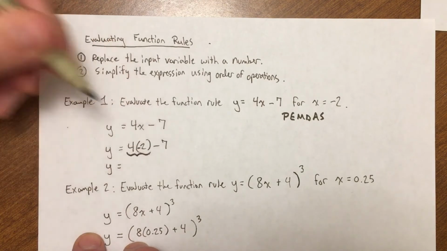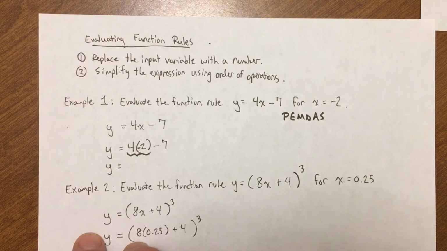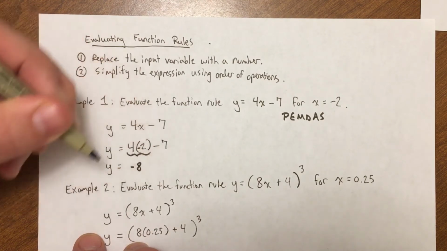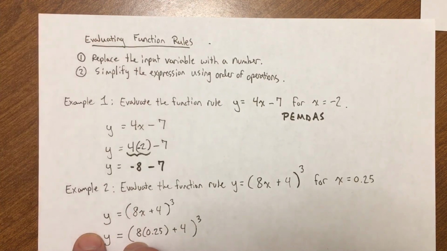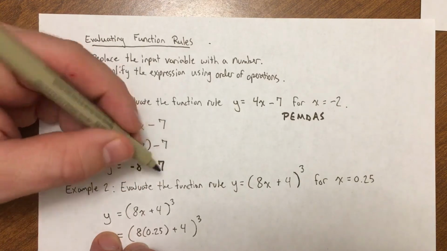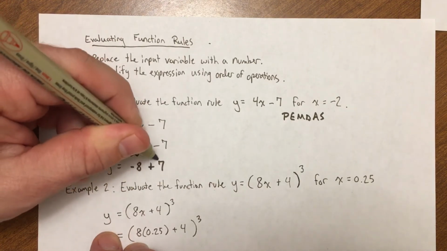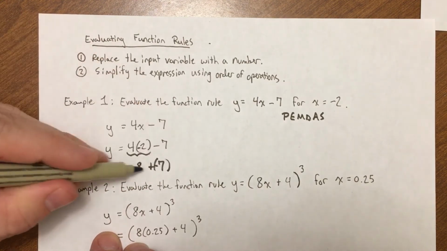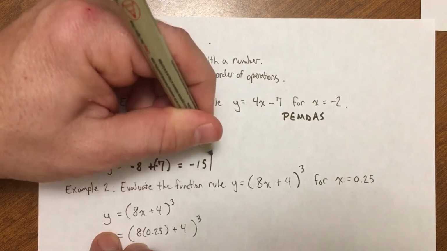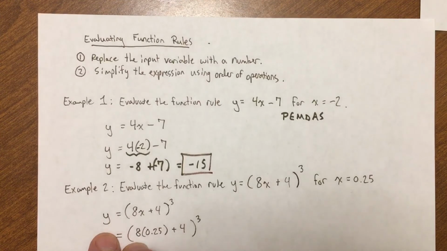So 4 times negative 2 gives us negative 8. Then minus 7. Now the last step is negative 8 minus 7, which is the same thing as keep, change, flip: negative 8 plus negative 7, which gives you negative 15. So there would be your answer for this first example.